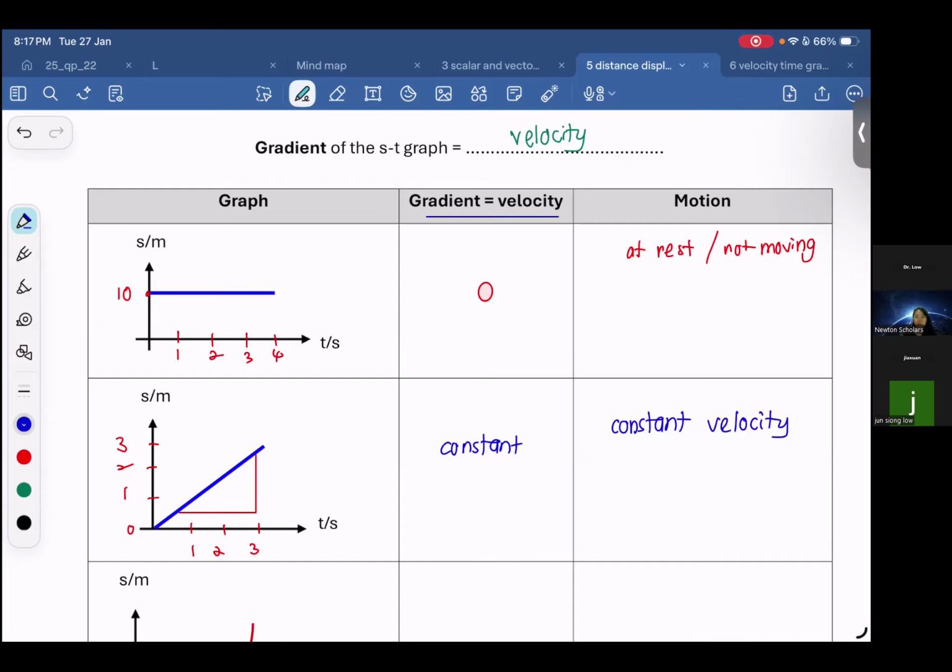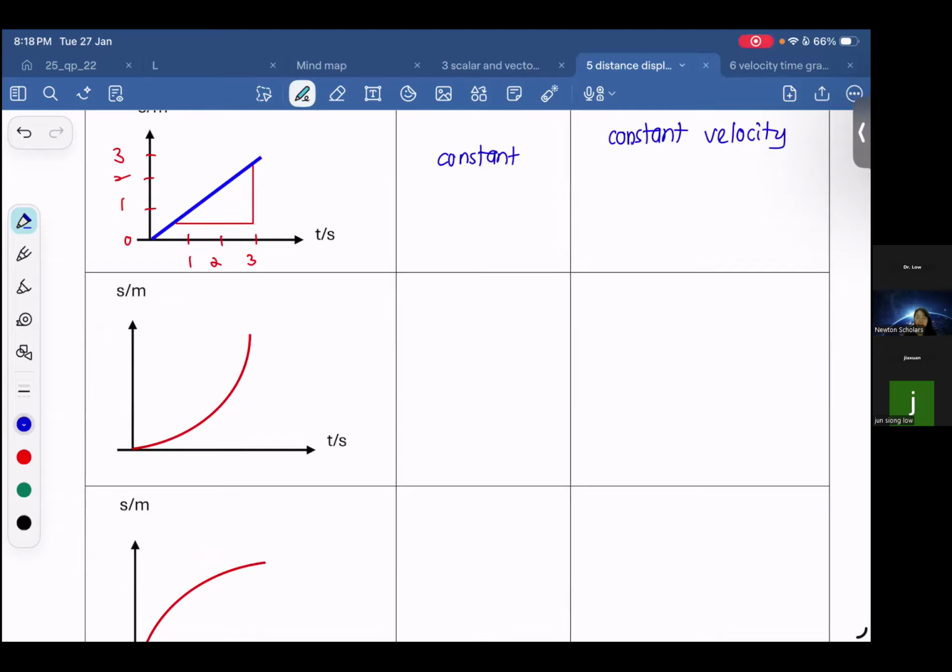Here, look at the curve. This one is the part that we have to think about, okay? So how do we solve this kind of question? I encourage we draw a triangle like this, and then draw a triangle like this. Then after that, you ask yourself, from time to time until the end of this part, is the line steeper or less steep?